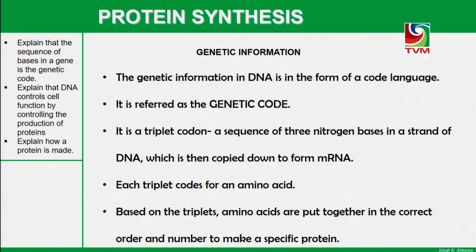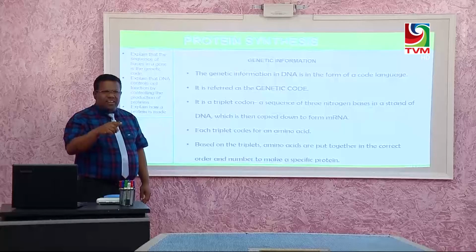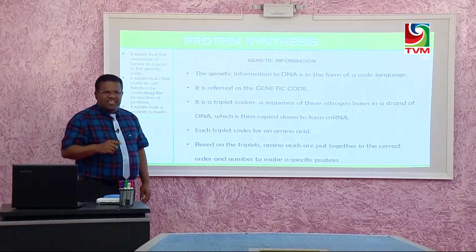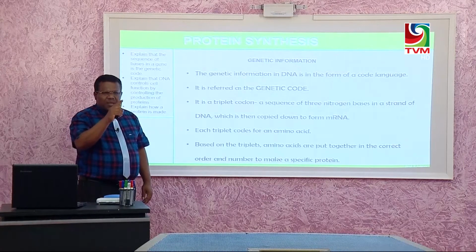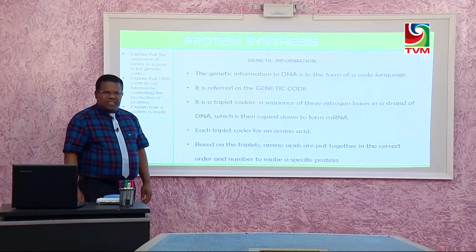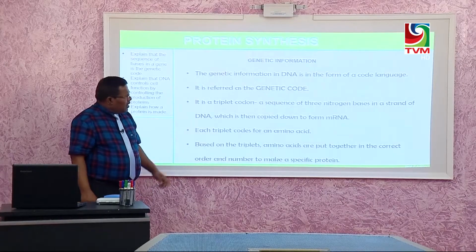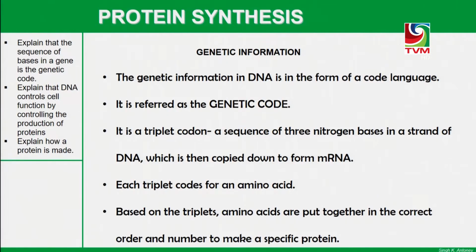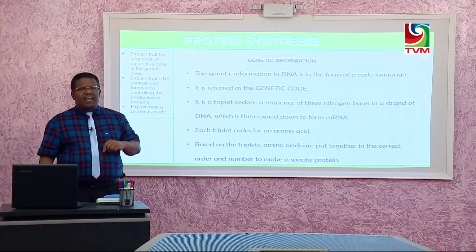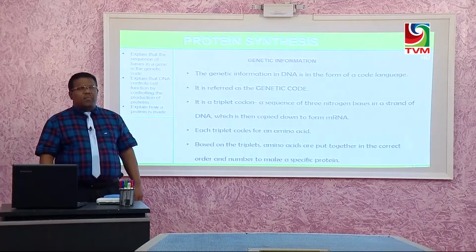First they thought that it was only a single letter language: adenine, guanine, cytosine and thymine, those 4 letters. But there are 20 naturally occurring amino acids, and if these 4 letters are coding for amino acids, another 16 amino acids will be without any code.